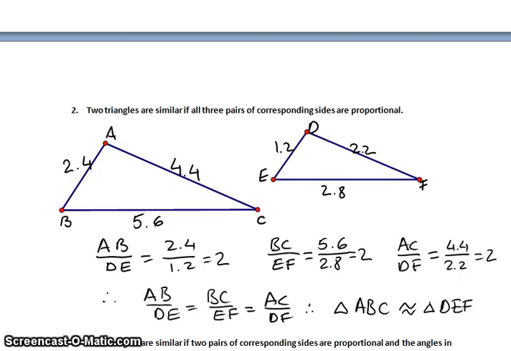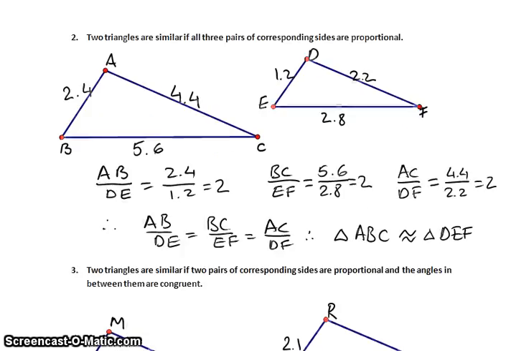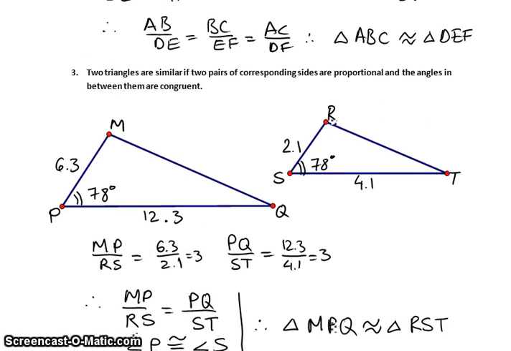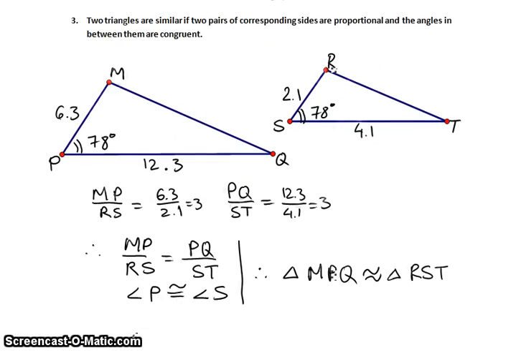And a third similarity case states that two triangles are similar if two pairs of corresponding sides are proportional and the angles in between them are congruent.